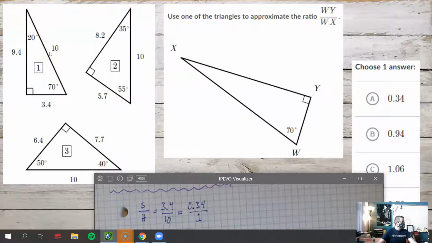If you don't like using 1 and decimal values, you could make your hypotenuse 100. And then you'd have 34, 40, 64, 77, 82, 50. It'd make everything whole numbers. That'd be kind of nice. So here, 0.34 would be our answer. With these questions, the trick is to pay attention to what the comparison is.